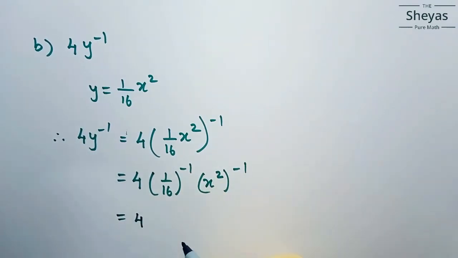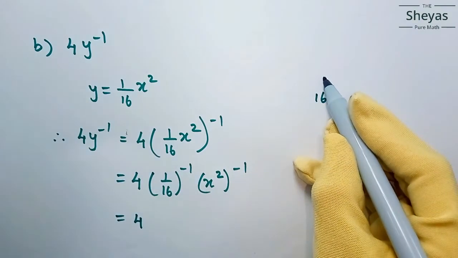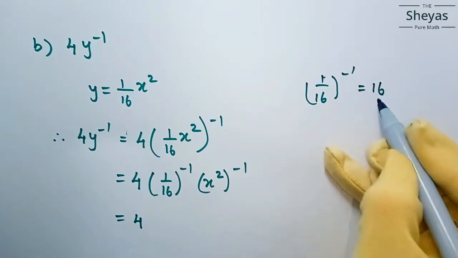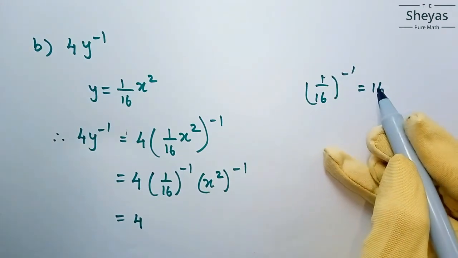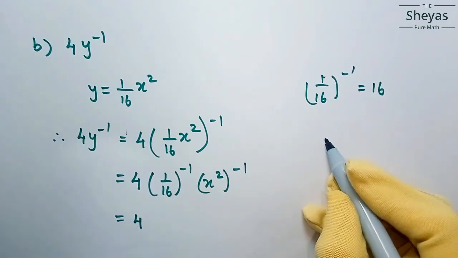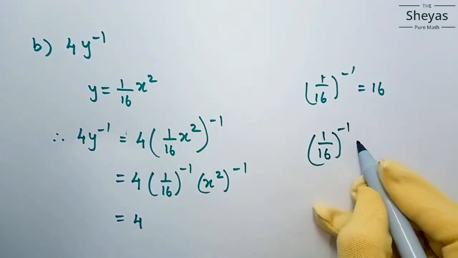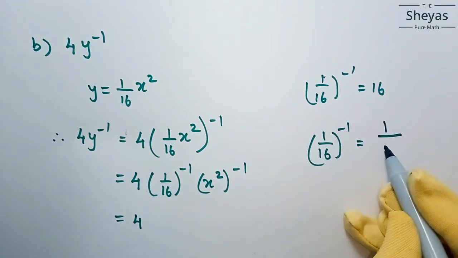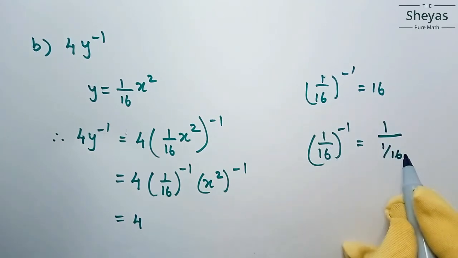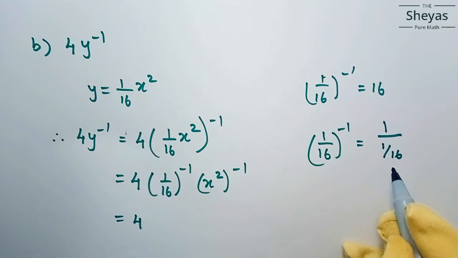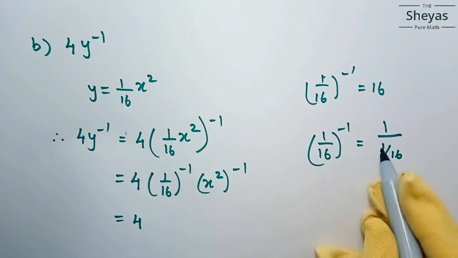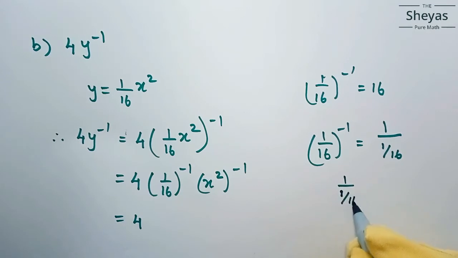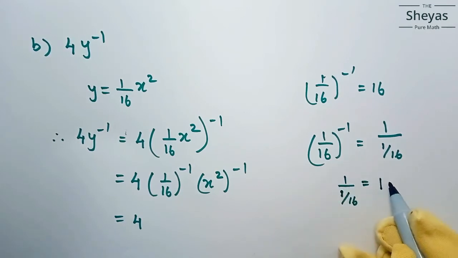Now 4 into 1 by 16 the whole power minus 1. You can directly use the calculator, or else I will tell you another way. We can apply the reciprocal rule. If it is power minus 1, this whole term will come to the denominator as per the negative indices law. So it can be written as 1 divided by 1 by 16.